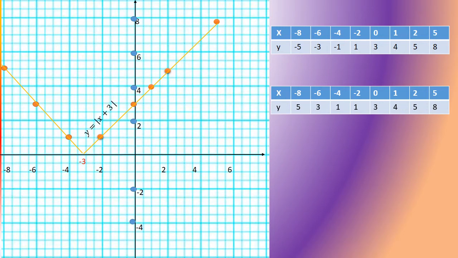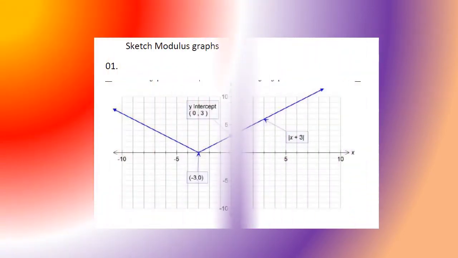Next example, you're asked to sketch modulus graph y equals modulus x plus 3. So even without preparing the tables, you can sketch the graph knowing that the y equals x plus 3 graph touches the y-axis at 0, 3 and touches the x-axis at minus 3, 0.